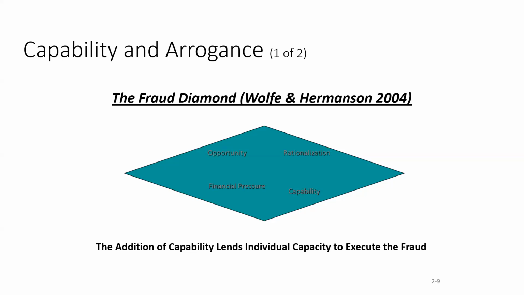Capability is the ability that the fraudster has to perpetrate and cover up their frauds. If you have a very skillful fraudster, they would be better suited to committing a fraud than someone with maybe less skill or intelligence. So that's the fraud diamond.